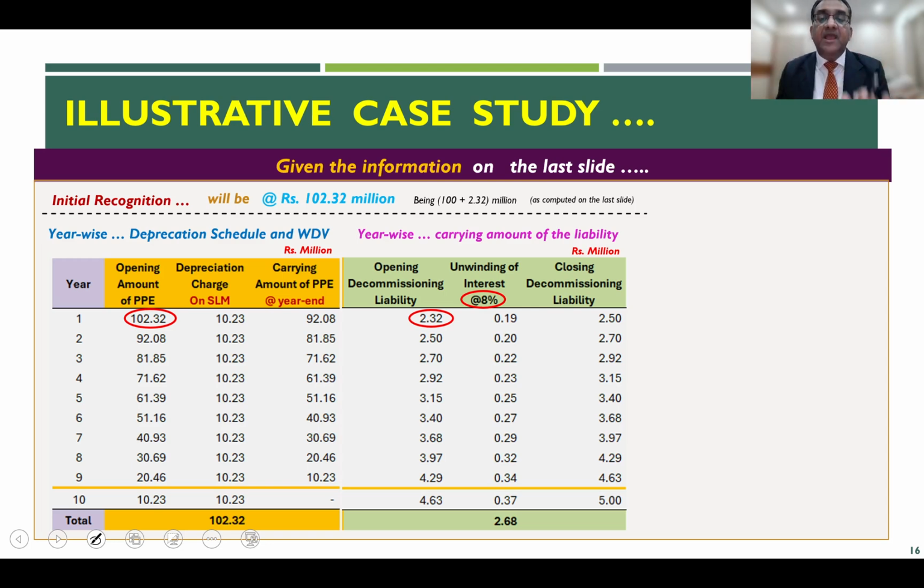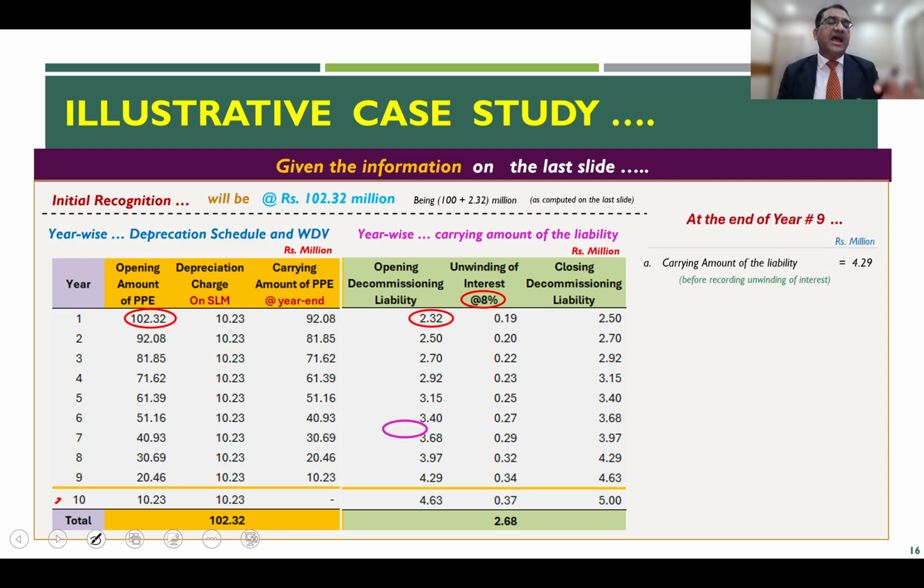It is the same. What is changing is in year number 10, after year number 9. At the end of the 9th year, before recording this unwinding, you are now clear that you do not need 5 million at the end of the 10th year. So you need a lower amount than 4.29.